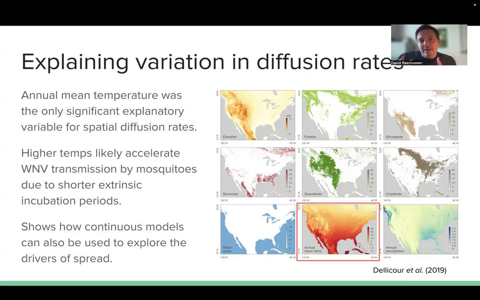Like, did any of these variables increase the conductivity at which these viruses can move through the landscape, or which one of these variables were associated with higher resistance across the landscape?